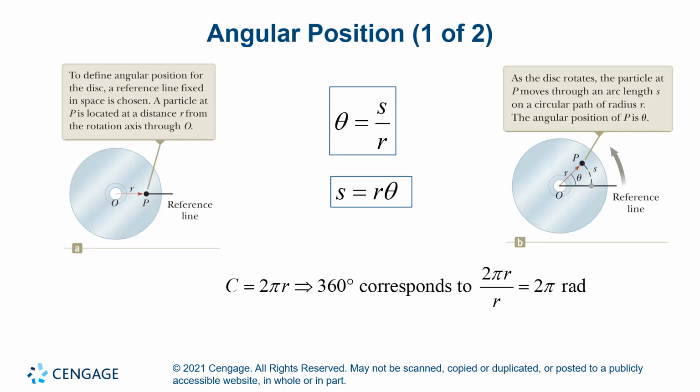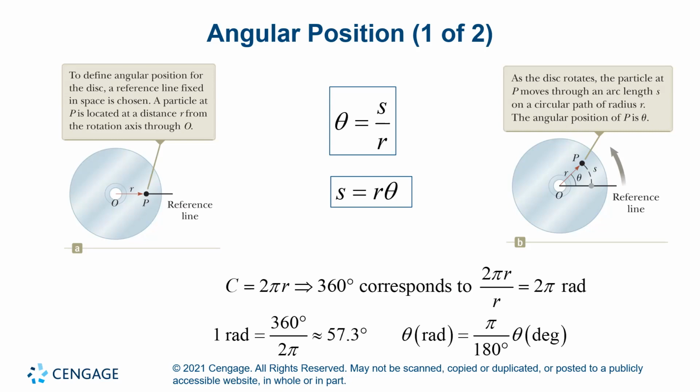So what is half of 2 pi? Pi. So 180 degrees is pi radians. And 1 radian is approximately equal to 57.3 degrees. Okay, so the arc length S is equal to R times the angular position theta, which is in terms of radians.